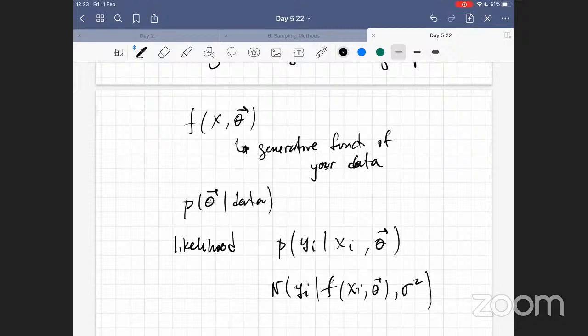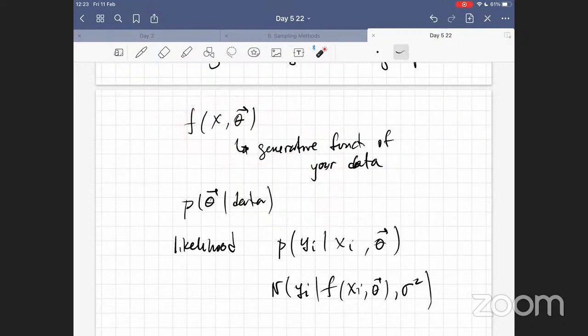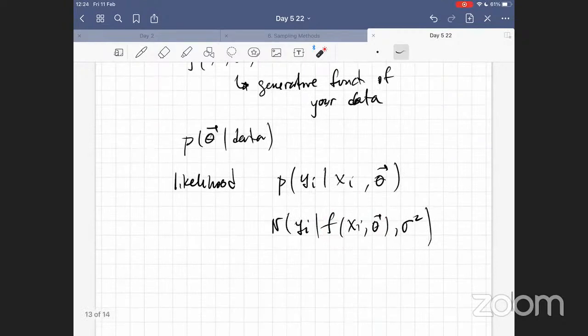So I have some data. I wanted to describe this data by this generative function. And the way to propose a statistical model is to say, okay, I am proposing a likelihood function, which can be a Gaussian or can be another thing, where I use this function as the mean. So this is the likelihood of a point yi. And then I use the likelihood of all the data times the prior of all my thetas, and then I build my posterior.